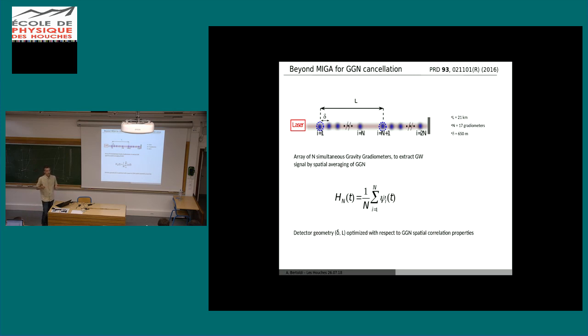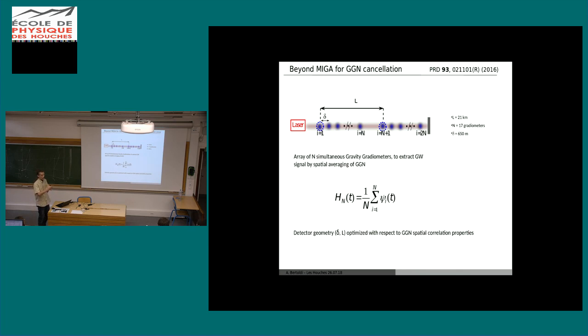If we consider the Newtonian noise, what happens strongly depends on the distance between these gravity gradiometers. Suppose just for a while that delta is equal to 0. The gravitational noise will be the same for all the gradiometers, and then it will build up in the same way as the gravitational wave, linearly, and so you don't get any advantage.